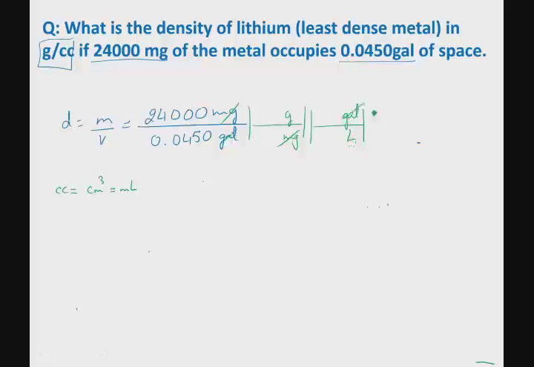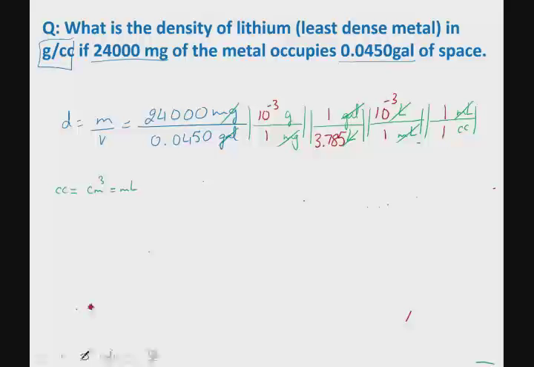Gallons crosses out, and then liters can be converted into mLs, and mLs goes into cc. Okay, if we plug in the values, the numbers associated with each of these conversion factors, we know 1 milligram equals 10 raised to minus 3 grams. 1 gallon is 3.785 liters. 1 ml equals 10 raised to minus 3 liters, and 1 ml equals 1 cc.